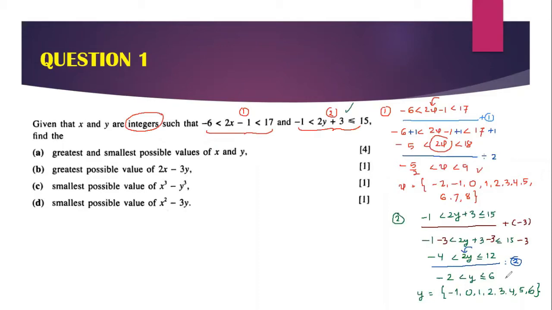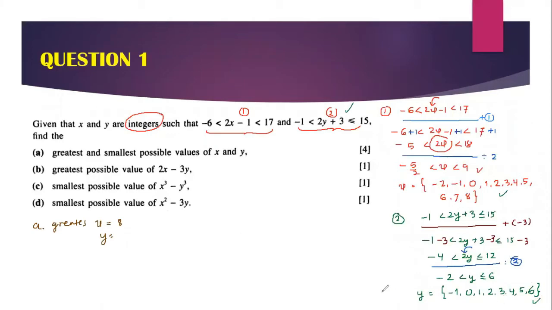Now we have x from minus 2 until 8, and y from minus 1 until 6. Is it clear, everyone? Now we are going to answer the question. Part A: the greatest and smallest possible values of x and y. The greatest x is 8, and the greatest y is 6.